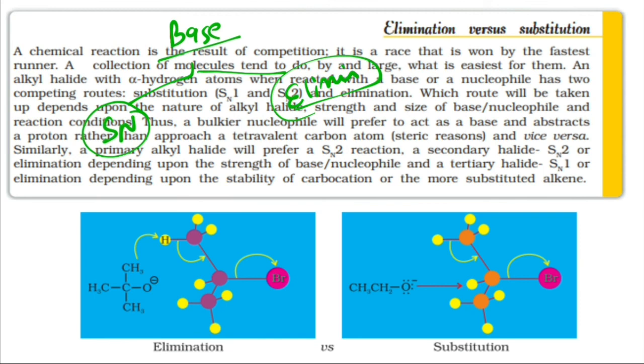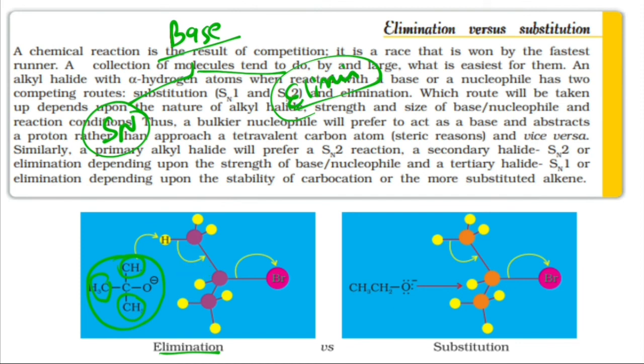So if the base is bulky, meaning the base containing larger alkyl groups, then it cannot attack easily on the alkyl halide. In this case, they will generally show elimination reactions. So here in this diagram you can see this base is bulky, here 3 methyl groups are there, so it is showing elimination reaction rather than SN reaction.